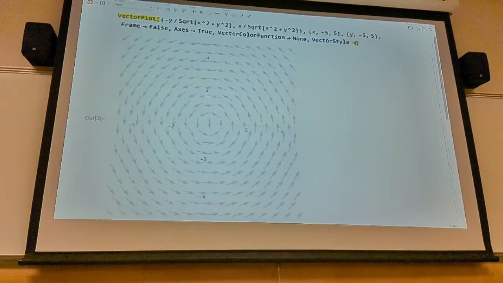Right, you could then use the vector style to change the color. Yeah, boring.